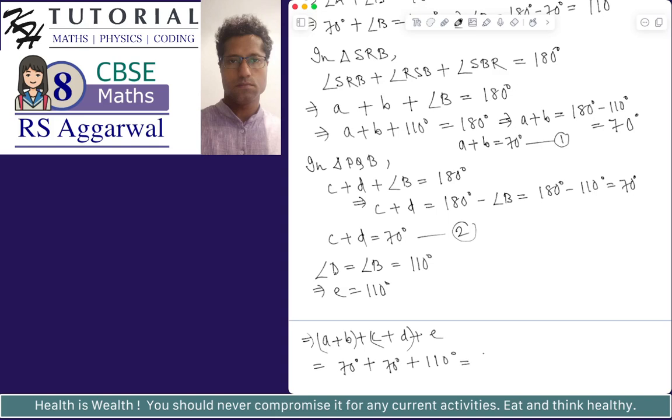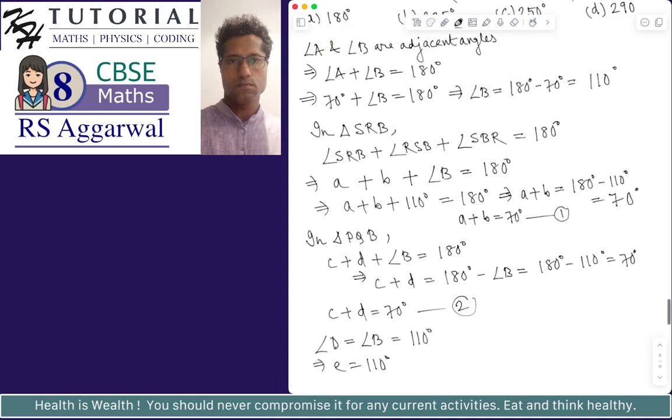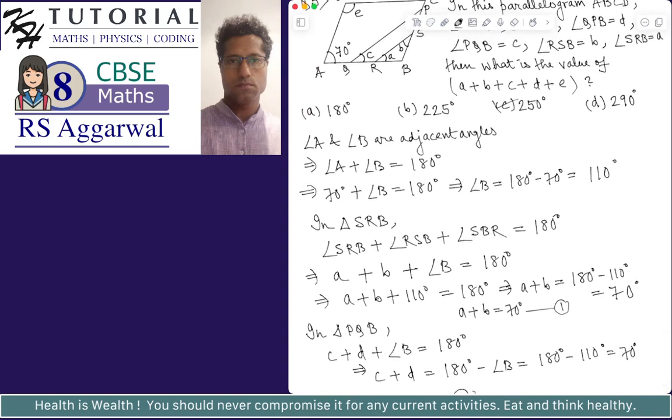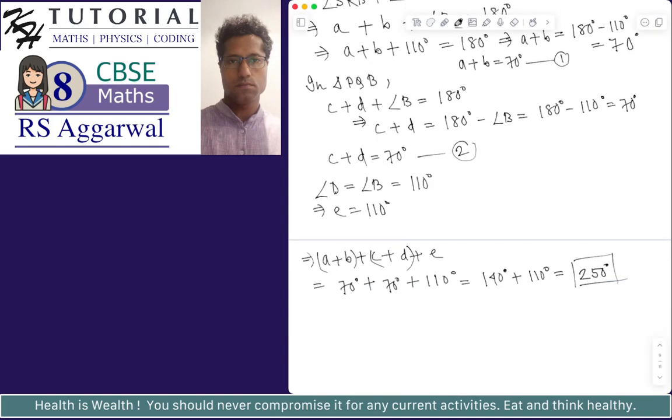So this is 140 degree plus 110 degree, which is 250 degree. So the value of the sum of angle ABCDE is 250 degree. So the correct choice is C.